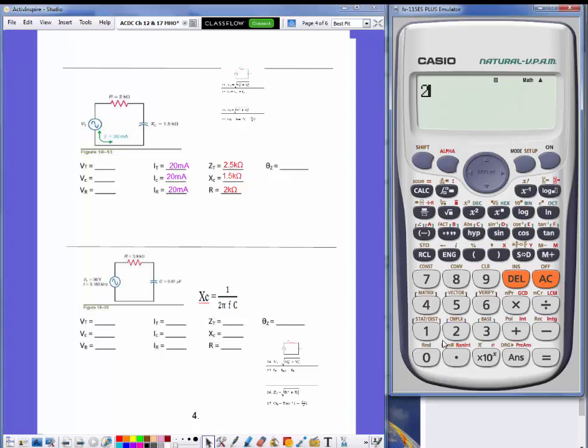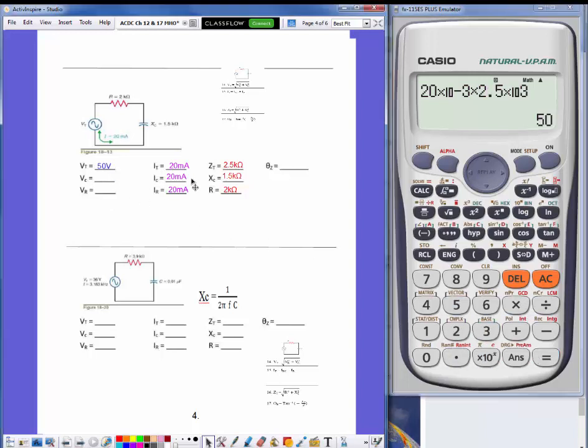VT is going to equal IT times ZT, 20 milliamps times 2.5 times 10 to the third. 20 milliamps times 1.5 K, 20 milliamps times 2K. Very straightforward.